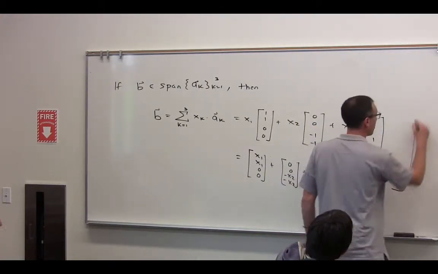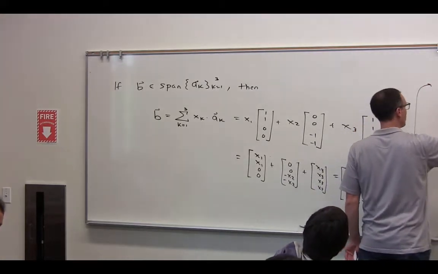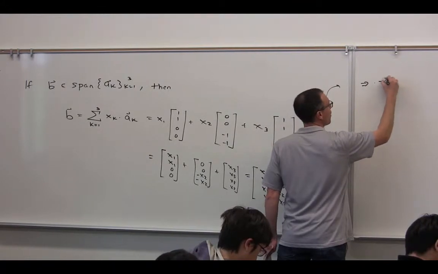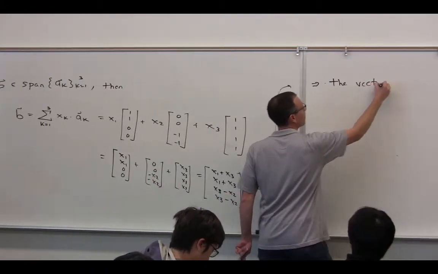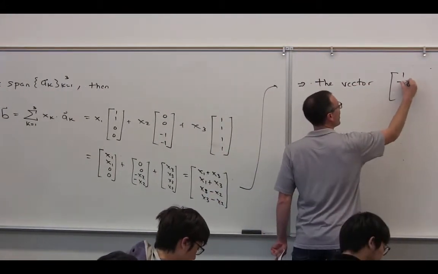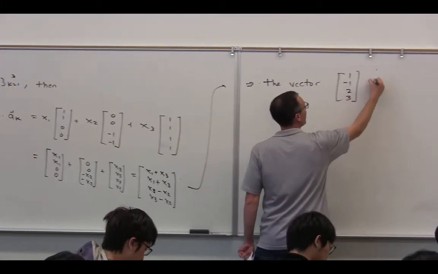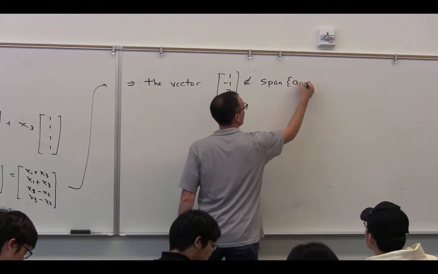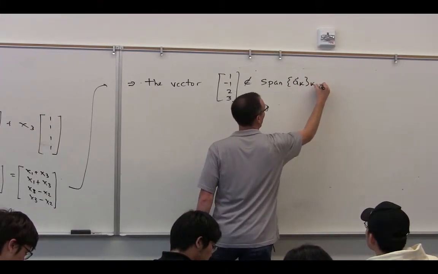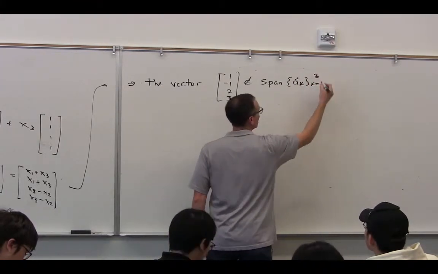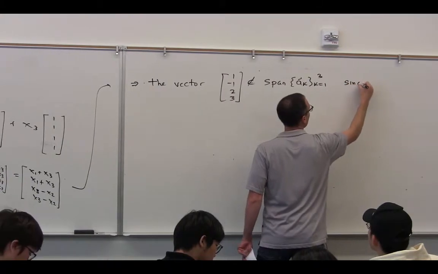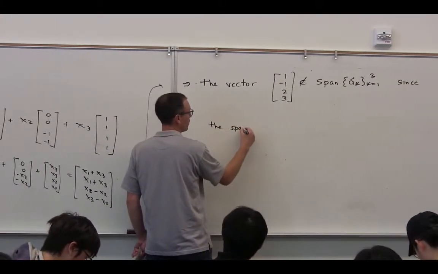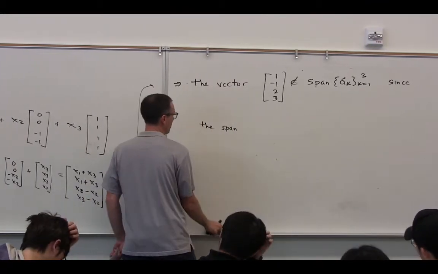So the whole idea here is the vector (1, -1, 2, 3) is not an element of the span of these vectors. And why was that again, Anna? Because you just showed that first and second coordinates of that vector should be the same, and the third and fourth should be the same.